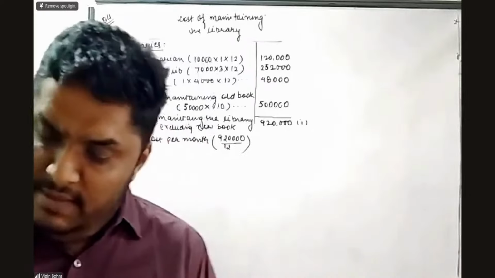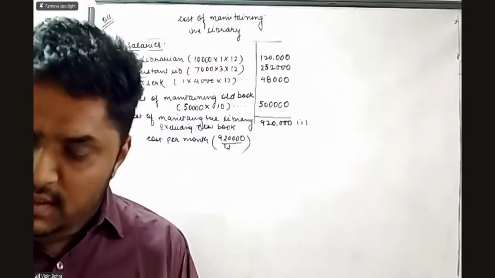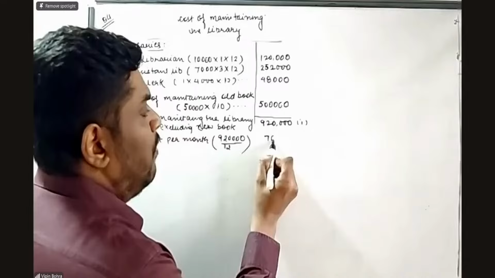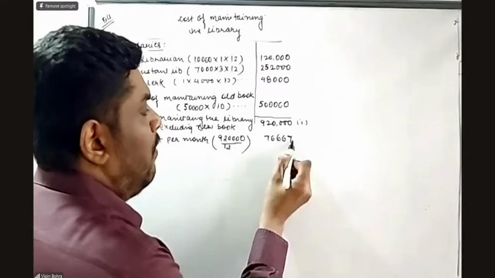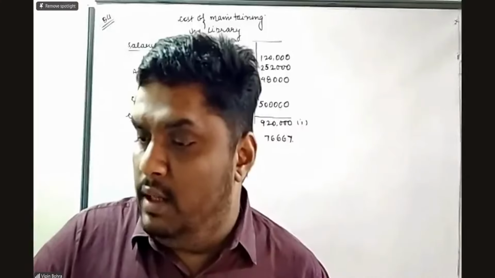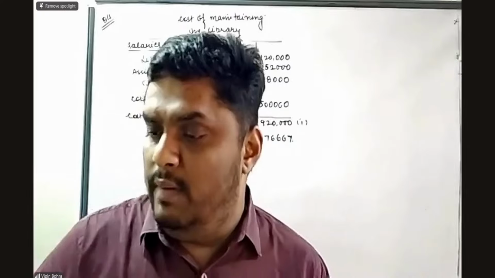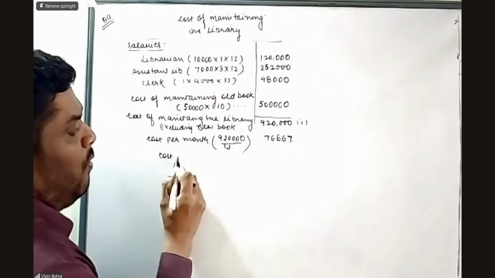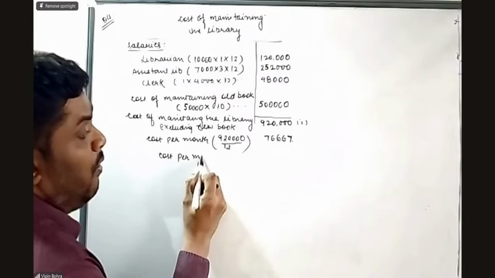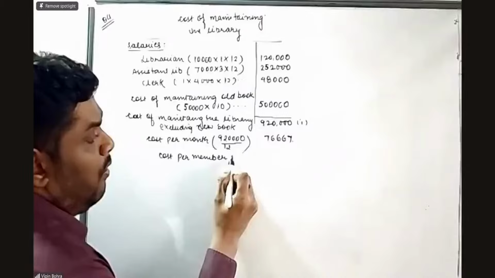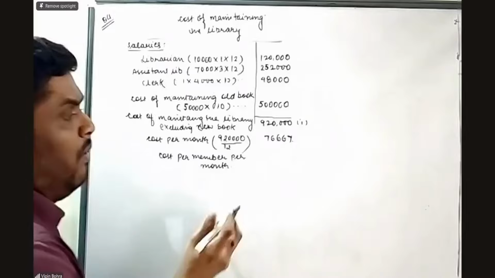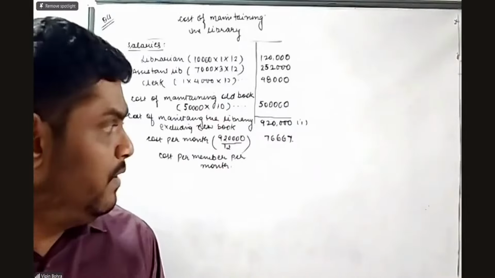That is 76,667. And if we want to calculate the cost per member, we will divide it by the number of members.